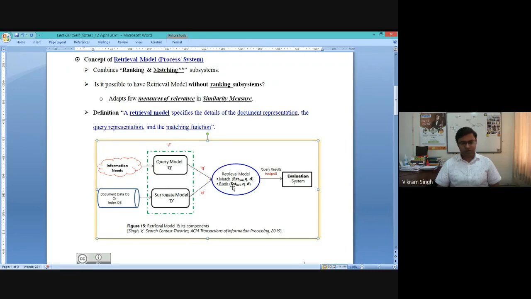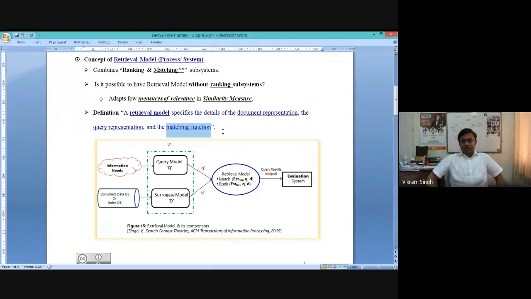These are the two sub processes, and along with these two we have the query model and the data representation model. So whenever a question is raised about the components of a retrieval model, you should know it has three parts. The first part is document representation, the second part is query representation, and the third part is the matching function, or maybe you can say matching and ranking function, right?